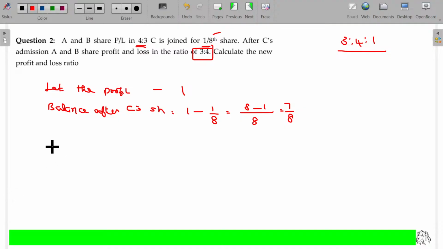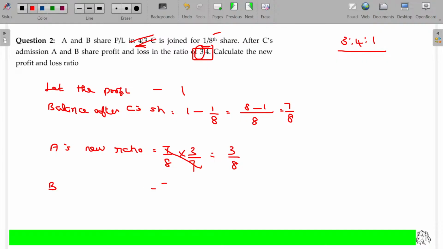From the 7/8, A's new ratio: whatever balance is left over after sacrificing for C, 7/8 we have. In that, A takes 3/7, not 4/7. 4/7 was the old ratio. After the admission, A says, I don't want to take 4/7, I will take only 3/7. So 7/8 into 3/7, the ultimate value being 3/8.